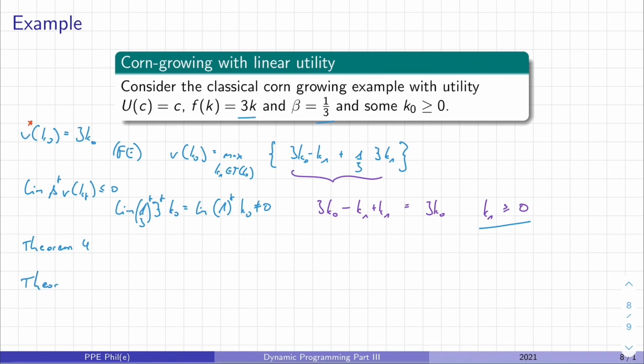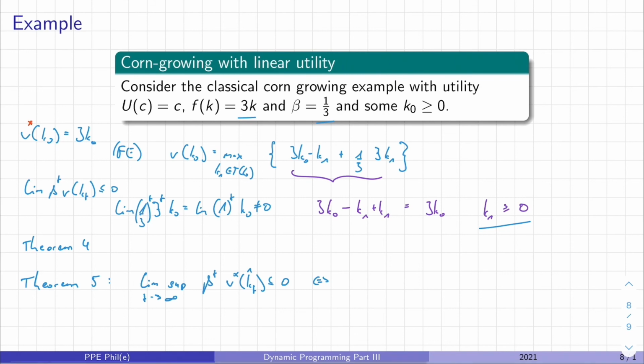Well, theorem 5 was the lim sup condition, which said that the limit supremum for t going to infinity of our discounted true value function, no, excuse me, this is not k naught, but our candidate path, must be smaller or equal to 0.